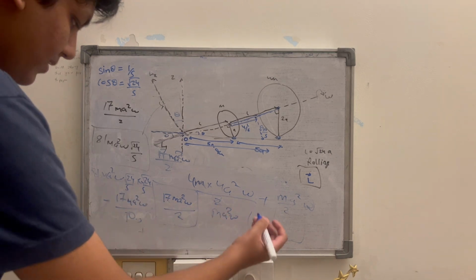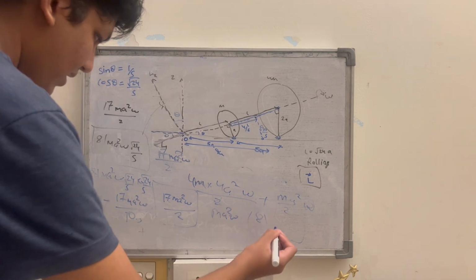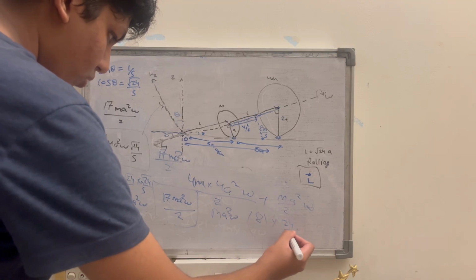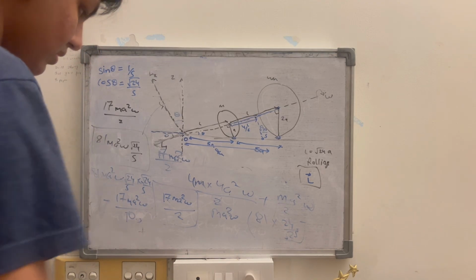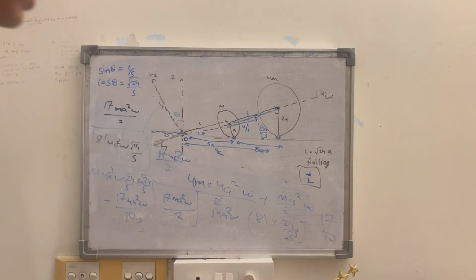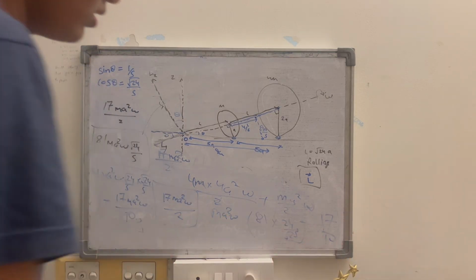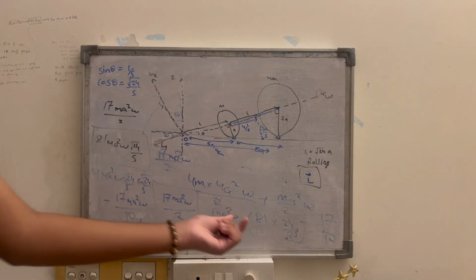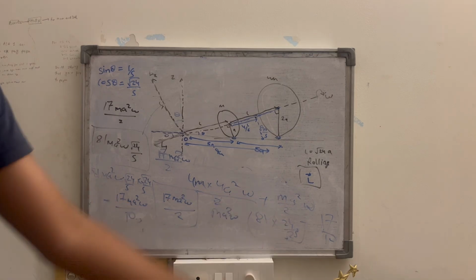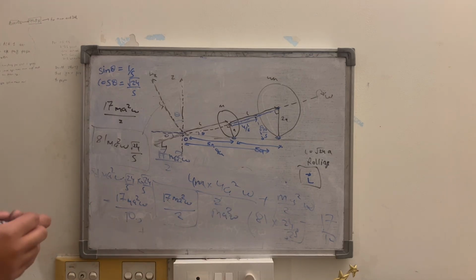Inside we'll have 81 into 24 upon 25 minus 17 upon 10, right? And this is nowhere near 55. 81 into 24, right? So this is nowhere near 55. So this option is also wrong.